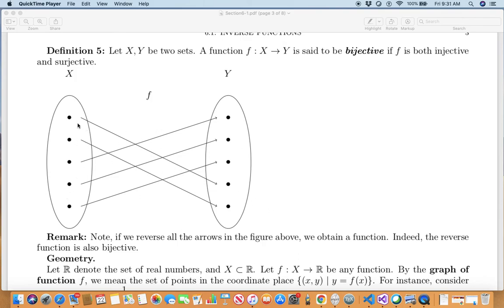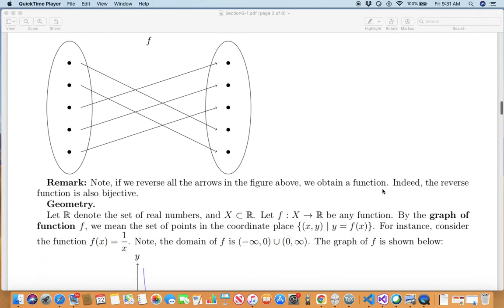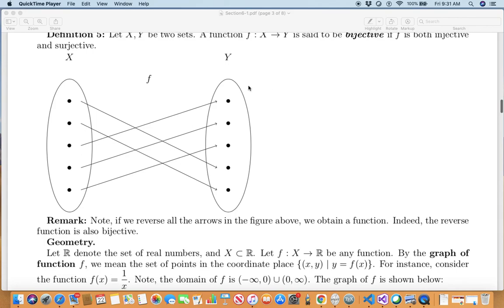Moreover, two different passengers go to two different destinations, and every destination is hit. That's a bijective function. In a bijective function, if I reverse the arrows, I get a function again. That's an inverse function.